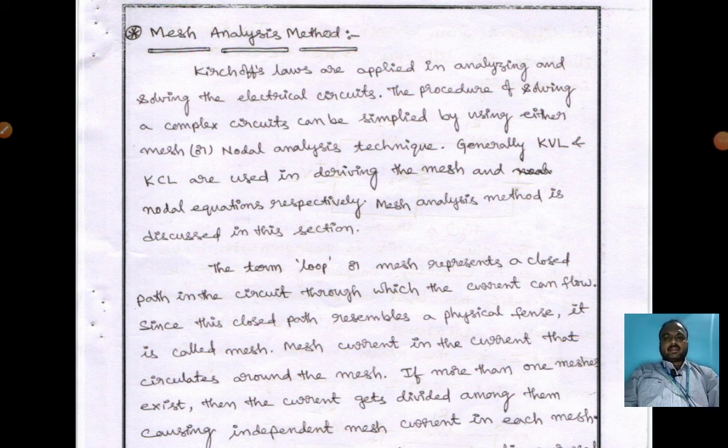Mesh analysis and node analysis are used to simplify complex circuits; KVL and KCL can be used for simple circuits. In the next video we will see what mesh analysis, node analysis, super mesh analysis and super node analysis are, and also some problems.